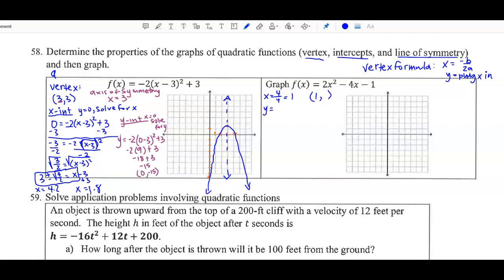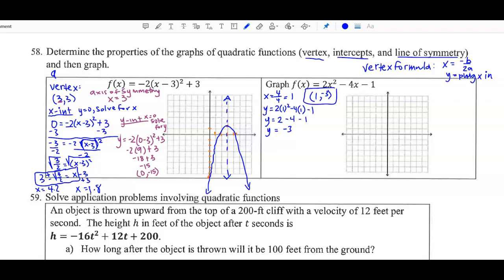So y equals 2 times 1 squared minus 4 times 1 minus 1. And then I get 2 minus 4 minus 1. So -2 minus 1, so that's -3. And so there's my vertex, that's one of the things I want.